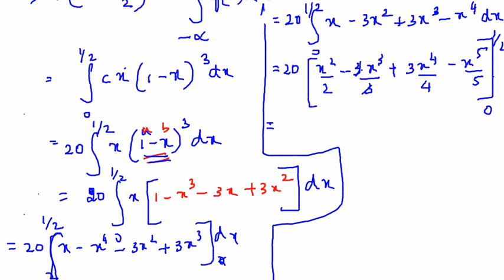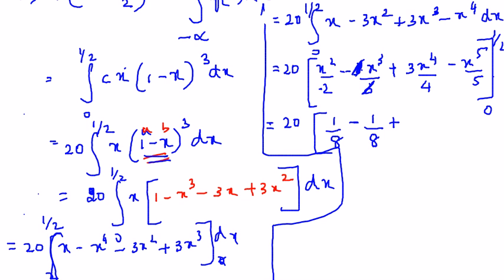So it's going to be 20 into, so x squared is 1 by 2, the whole squared is 1 by 4. There is already a 2 here. So 1 by 4 into 1 by 2 is going to be 1 by 8. Likewise, this is x cube because I have cancelled these 2 3's here. So x cube is going to be 1 by 2 the whole cube, that is also going to be 1 by 8, plus 3 into x power 4. X power 4 is 1 by 16 and you already have a 4 in the denominator.